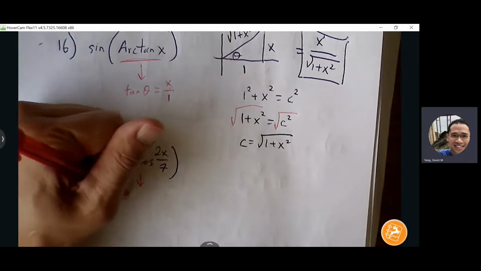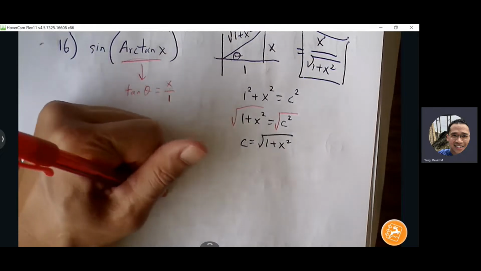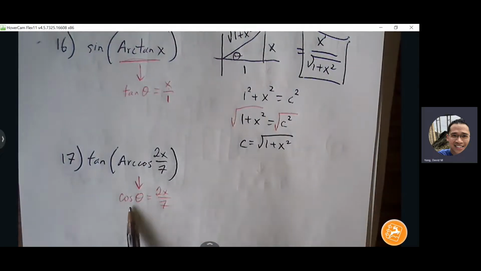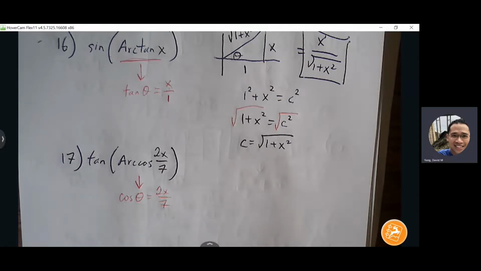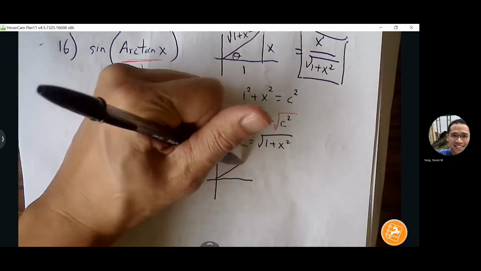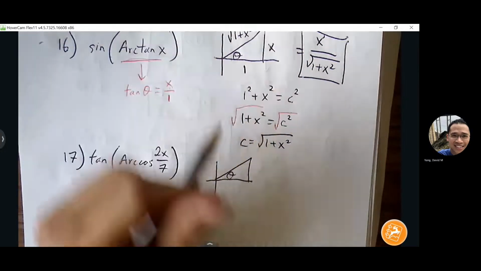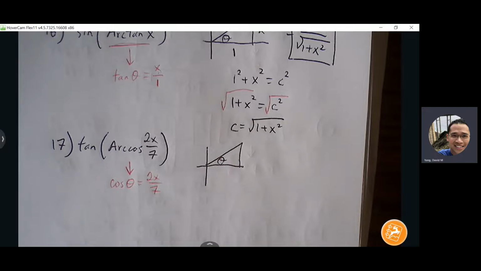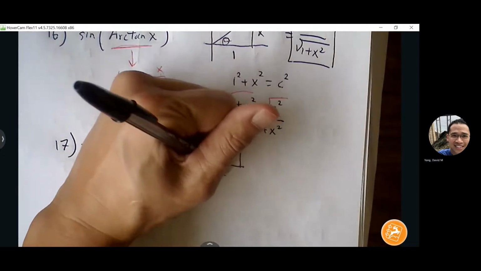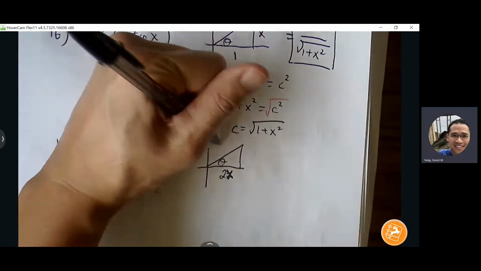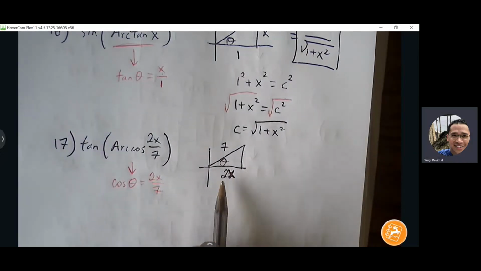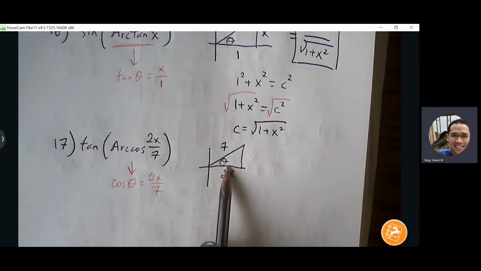In other words, when is cosine of theta equal to 2x over 7? Cosine is positive. First quadrant. All right, where does the 2x and where does the 7 go? And then over sine. A squared plus b squared equals c squared. Careful, when you square this, is it 2x squared? Square both, becomes 4x squared.